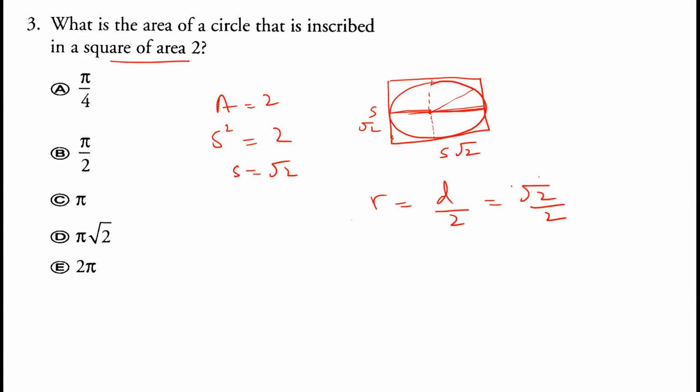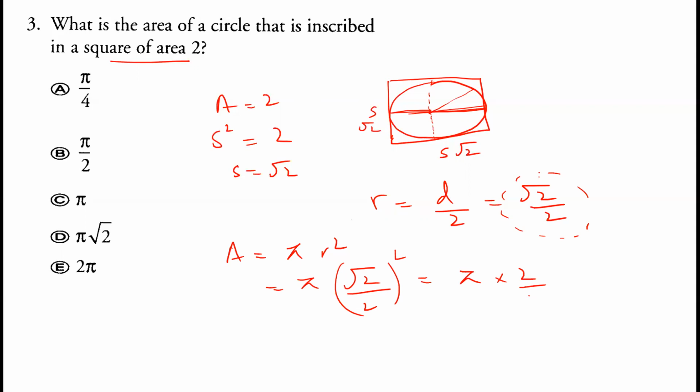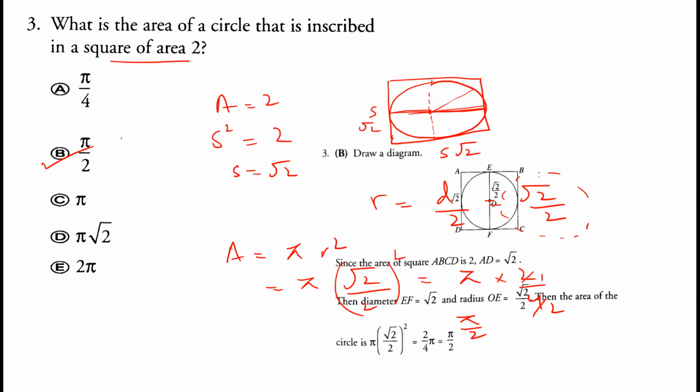So this is your radius. Now the area of the circle would be area equals pi r square, or we can say pi times under root 2 over 2 square. So this would be pi into 2 over 4, or we can say pi by 2. So the correct answer would be option B.